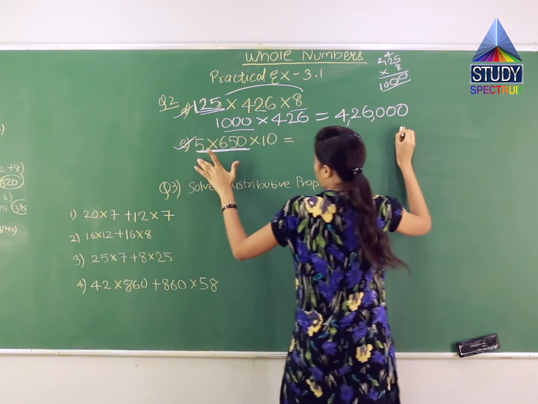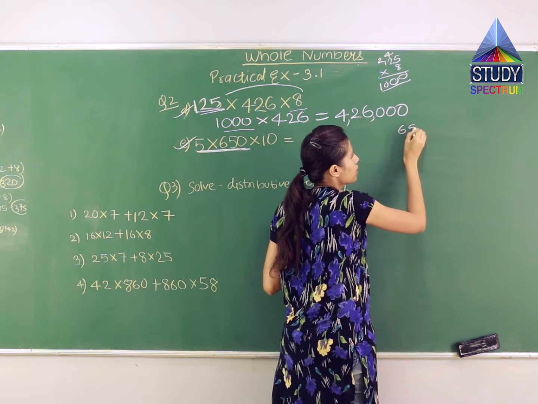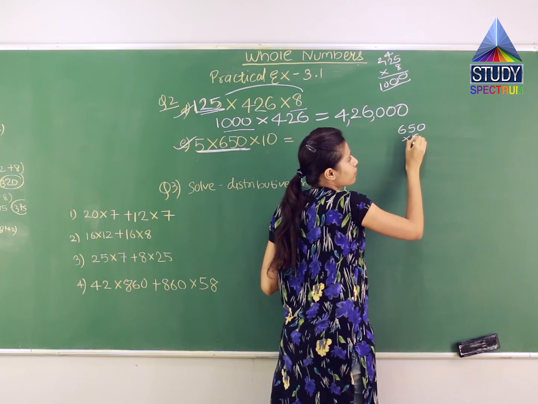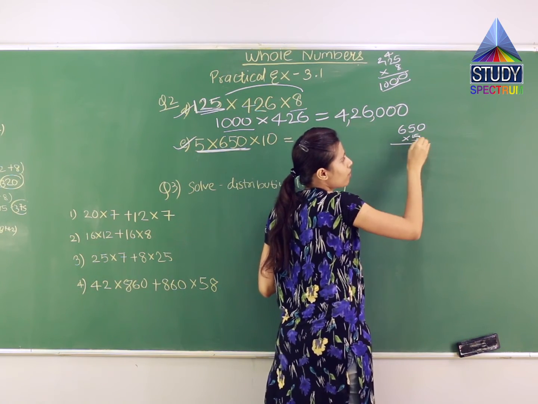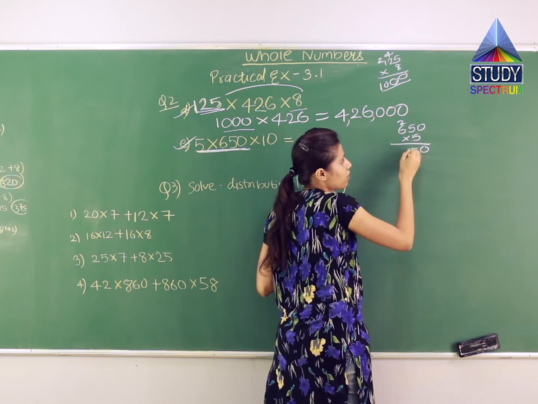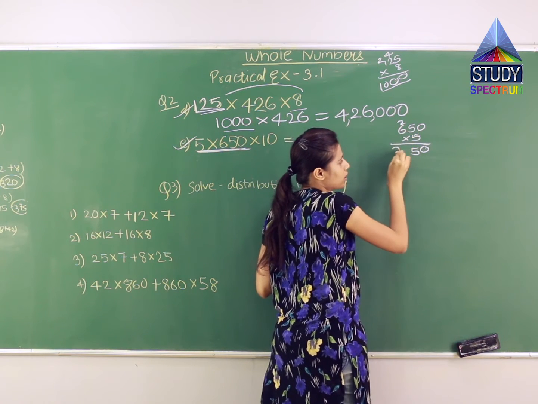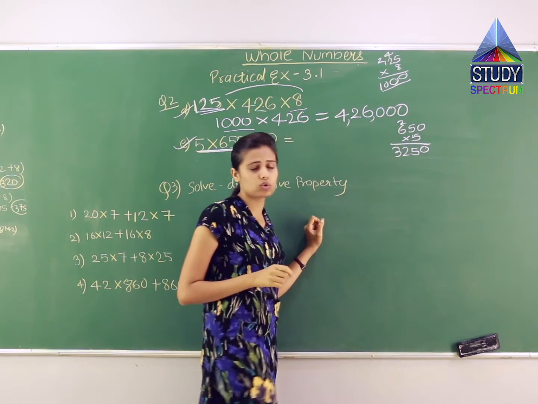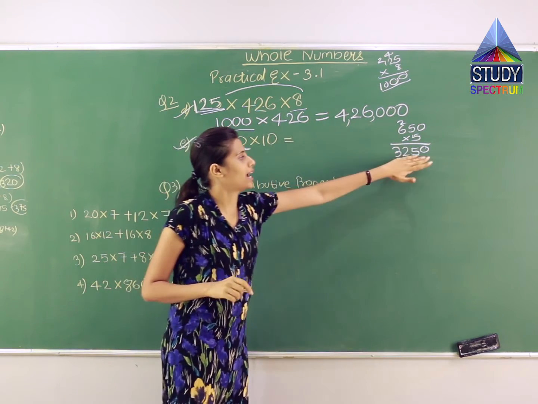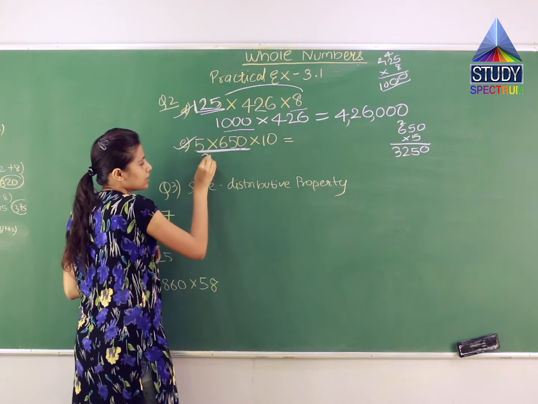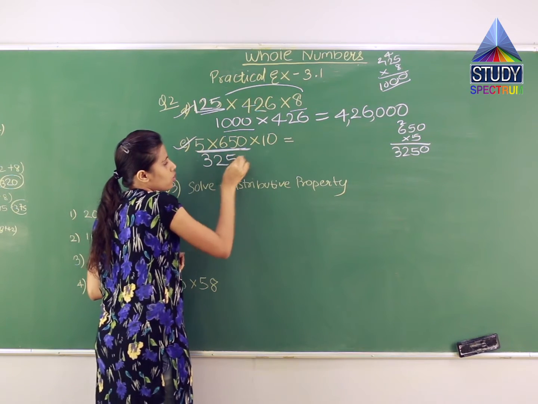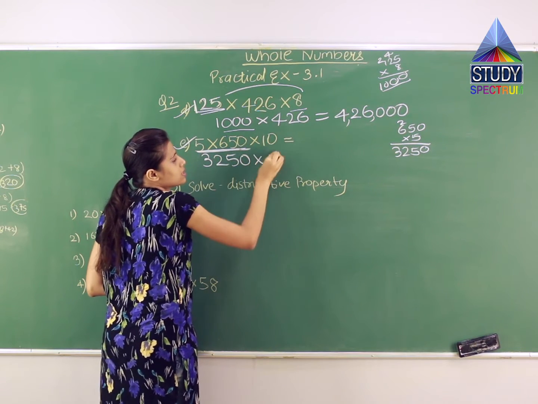Let us check. What is the number 650 multiplied by 5? 5 zeros are 0, 5 5s are 25, 6 5s are 30 and 2 is 32. So I get 3, 2, 5 and 0. I'll write this number over here. 3, 2, 5 and 0. Multiplied by what? This 10.